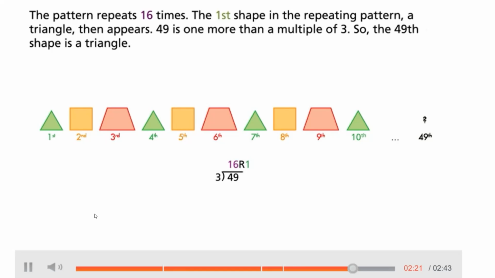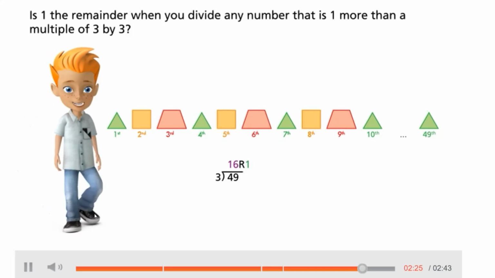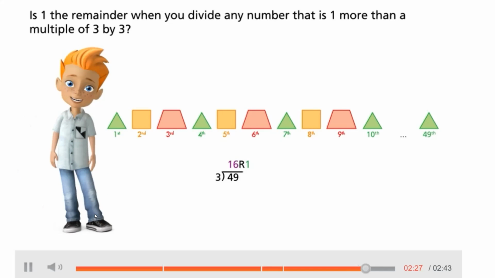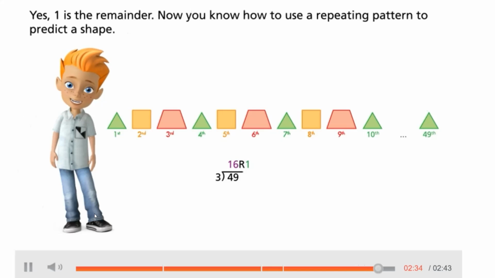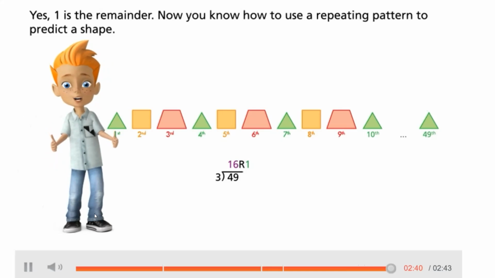So the 49th shape is a triangle. Is 1 the remainder when you divide any number that is one more than a multiple of 3 by 3? Yes, 1 is the remainder. Now you know how to use a repeating pattern to predict a shape. Great job!